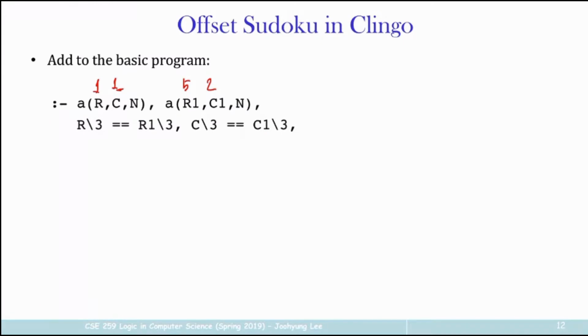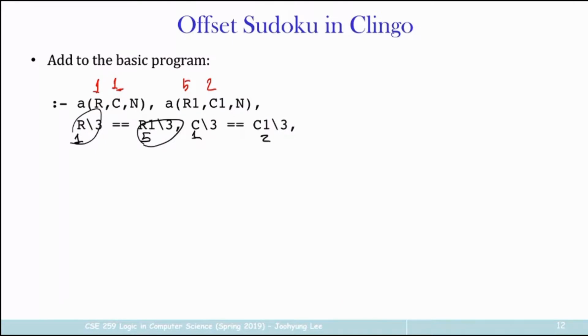So let's check it. So R is 1 and C is 1. R1 is 5, C1 is 2, right? So 1 divided by 3, the remainder is 1. 5 divided by 3, the remainder is 2. So this is not true. So this constraint is not violated.